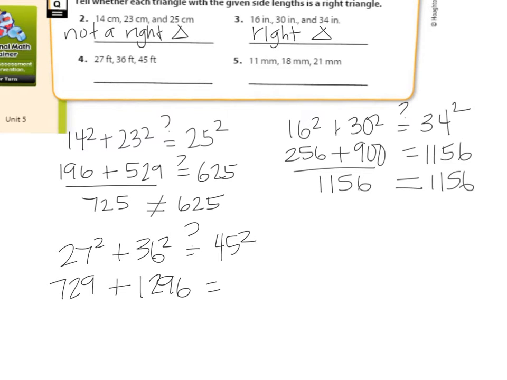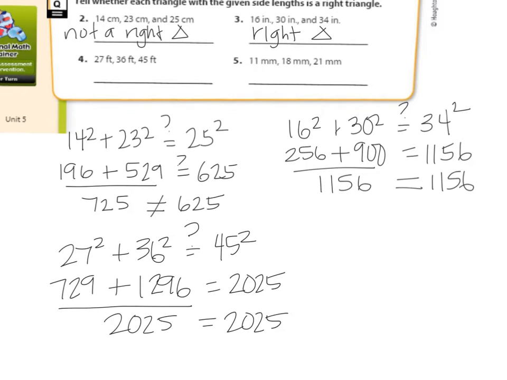And does it equal 45 squared? 45 times 45, which is 2025. So we're going to add these two together. 729 plus 1296, and we get 2025, which is equal to 2025. So A squared plus B squared is equal to C squared. So this is a right triangle.